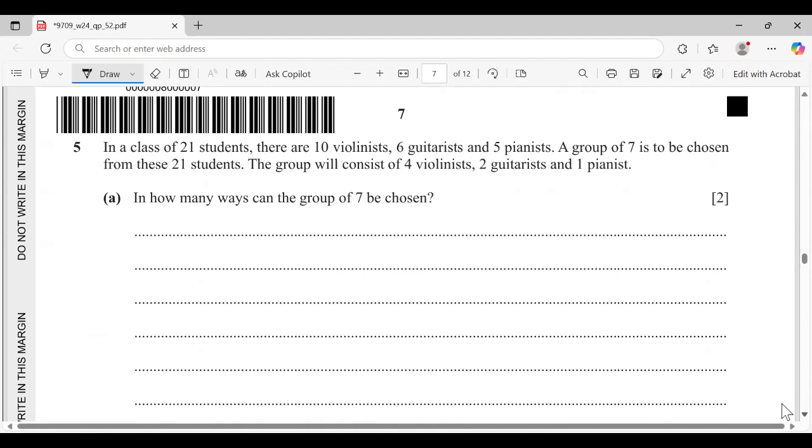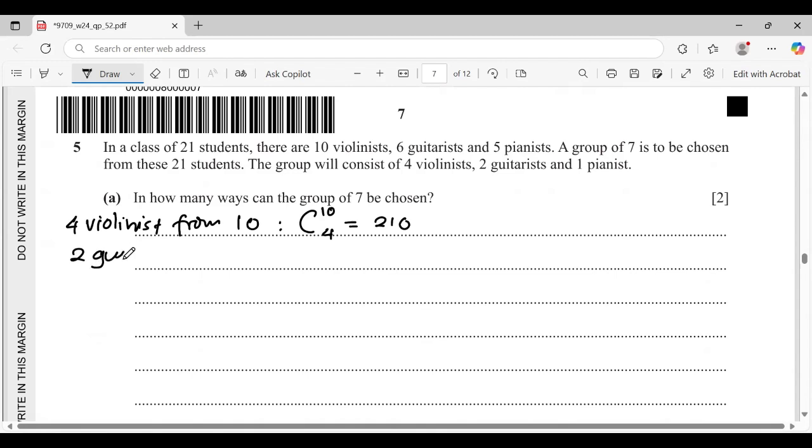In how many ways can the group of 7 be chosen? Right. 4 violinists from 10. It means the combination 10, 4. It is 210.